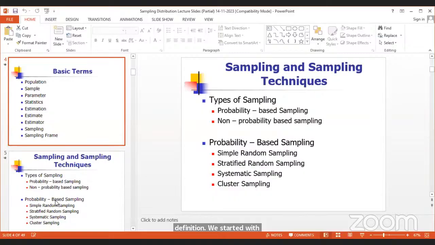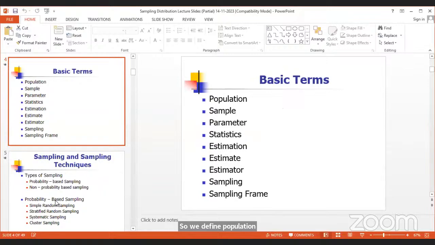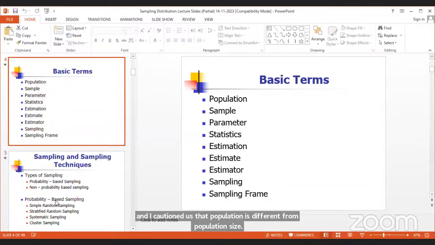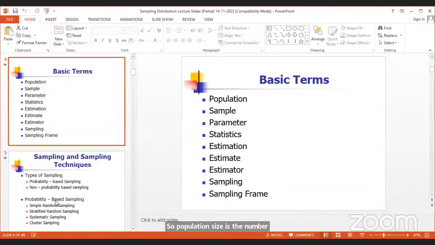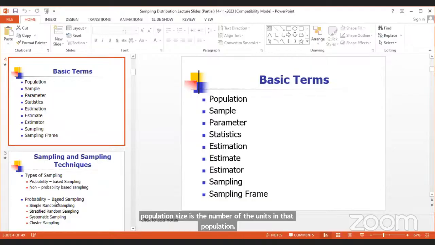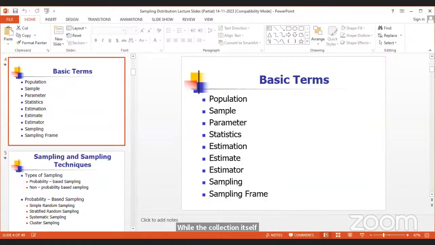So we defined population as a collection of well-defined units in the target universe. And I cautioned us that population is different from population size. Population size is the number of the units in that population, while the collection itself is the population.